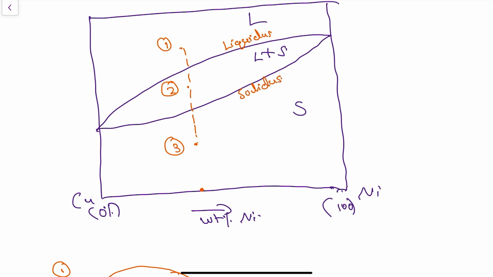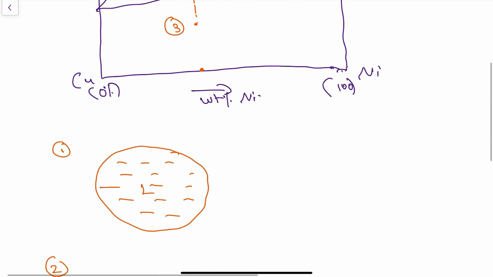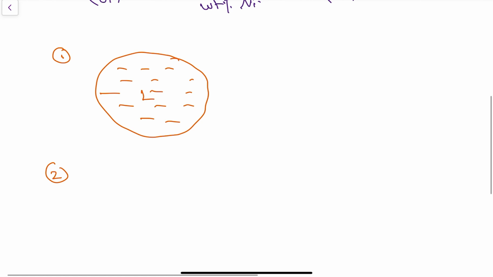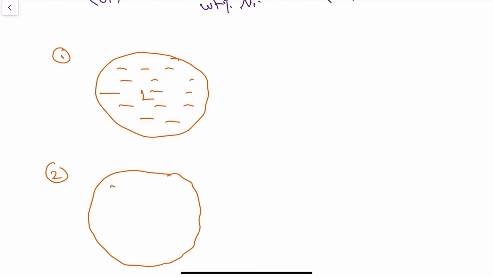When it crosses the liquidus line and reaches 2, a single phase of crystals forms here. These are the alpha crystals. So alpha crystals form at various points.